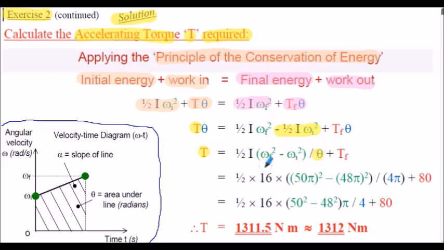The next line I simply insert the values for I, the moment of inertia, for the final angular velocity, for the initial angular velocity, for theta, and of course the friction couple. Evaluating the torque required to increase the speed is approximately 1312 Newton meters.